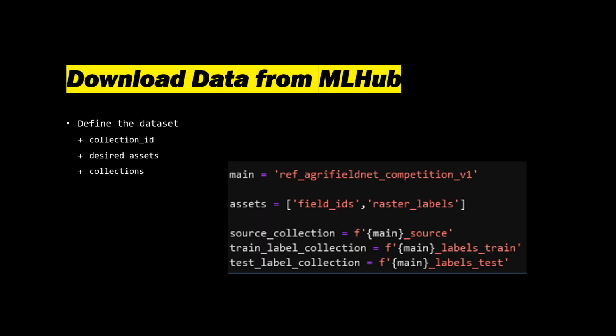Okay, so downloading the data set, as you can see, we got a little snippet of the code. The main thing, obviously, we're pulling it from the source, and we're also trying to set up and extract the assets, field IDs, and raster labels. And then we're going to put it into source, labels train, labels test.